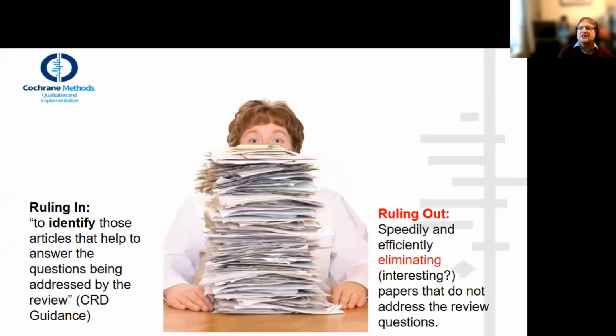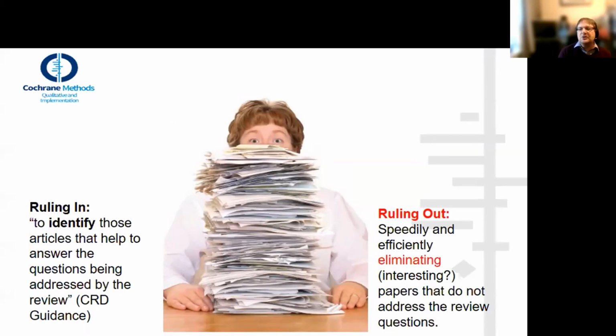But ruling out is an earlier process that you do at a title and abstract stage, where you're speedily and efficiently eliminating papers that don't address the review questions. And the reason for putting interesting in there is it can be very tempting to get sidetracked, but you have to be very precise in terms of the application of your inclusion criteria.